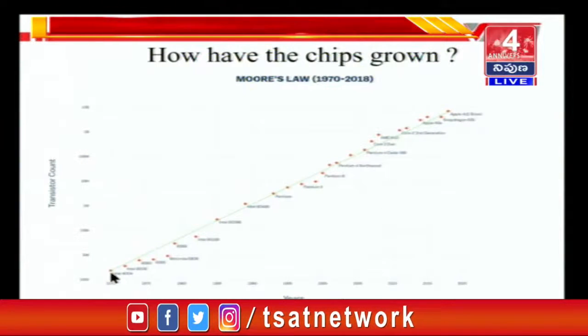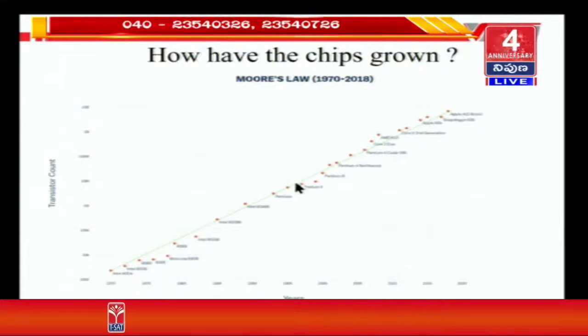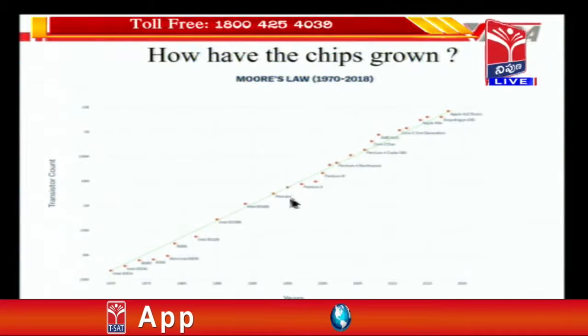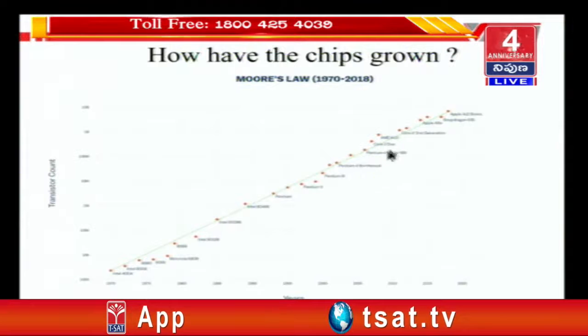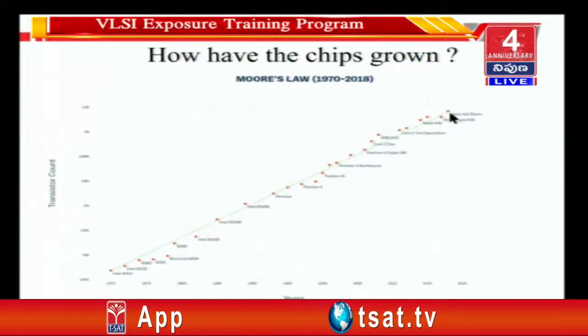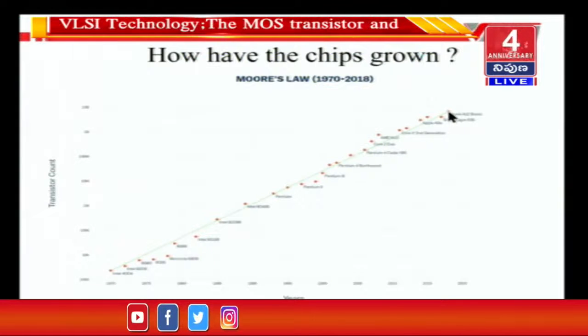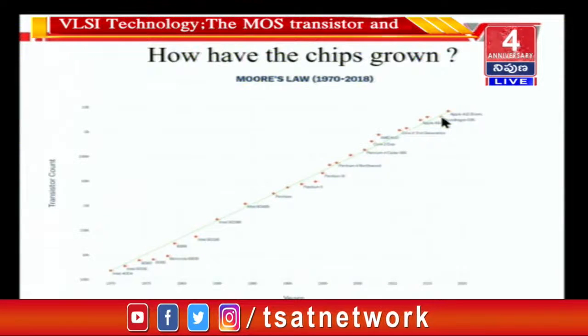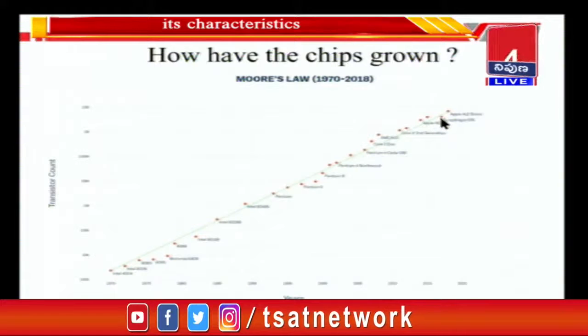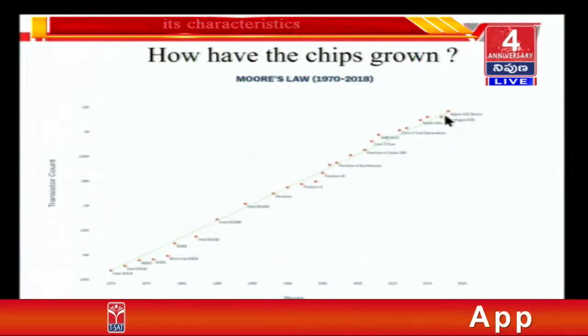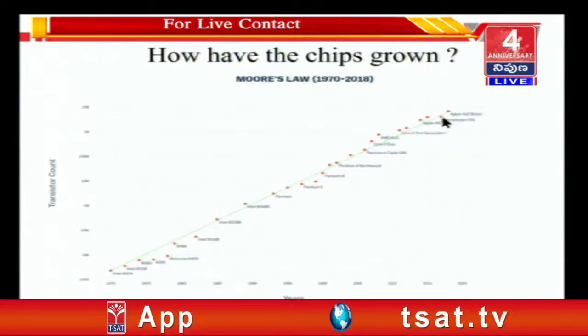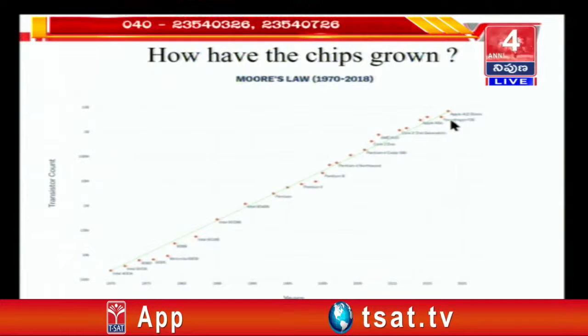This is your Intel 4004. Your Pentium comes somewhere over here. These three are your Pentiums. And then finally the last one over here is the Apple A12 Bionic processor. Just before that is the Snapdragon 835, which goes into most of your Android phones. The Snapdragon 835 is from Qualcomm.